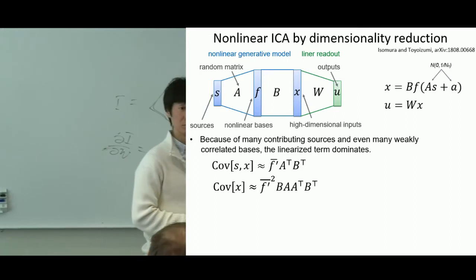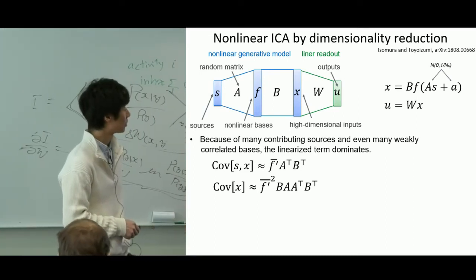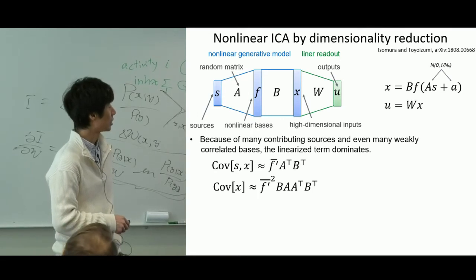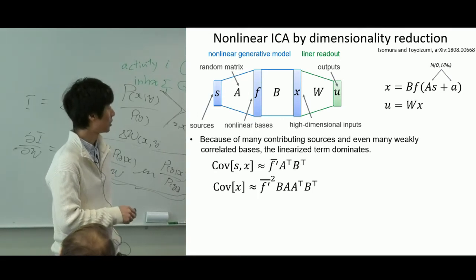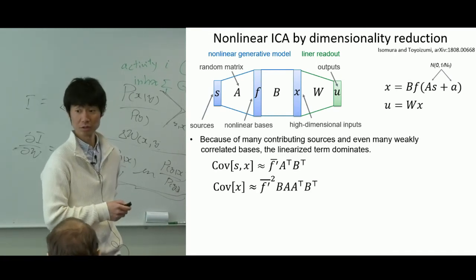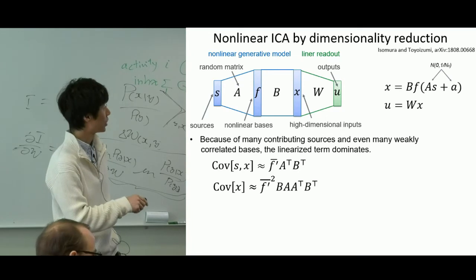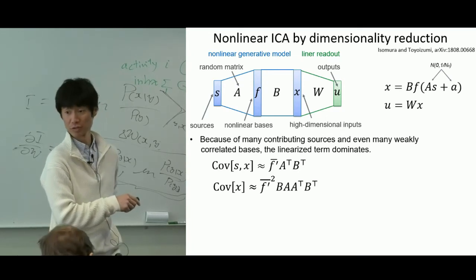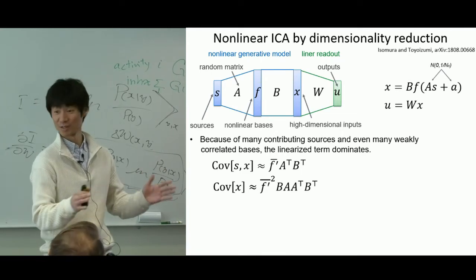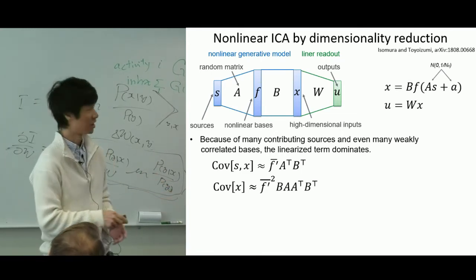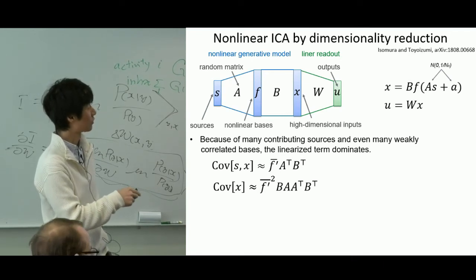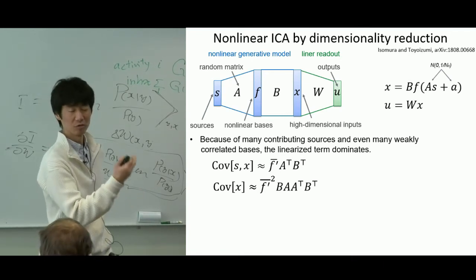Even in some nonlinear cases, you could extract the sources by PCA. I don't know whether this is directly applicable in that situation. First of all, we assume that there are multiple sources. It doesn't have to be infinity, but let's say on the order of 10 sources is needed to be able to linearize.